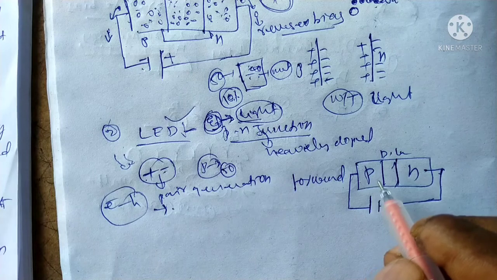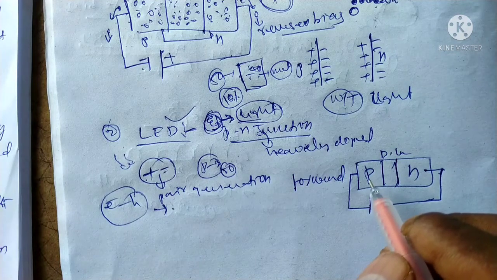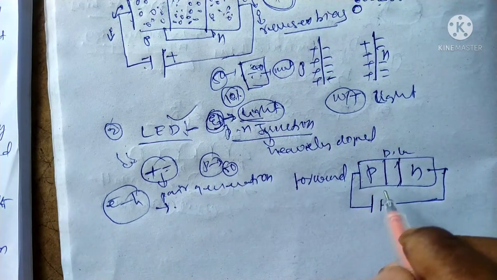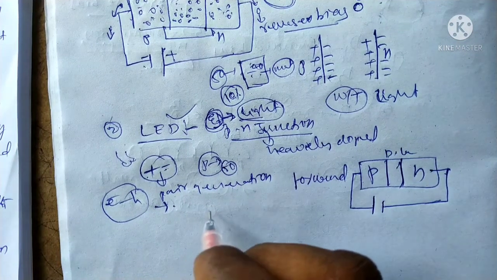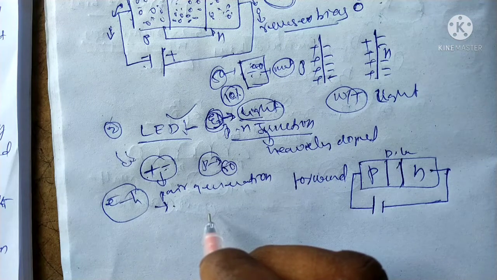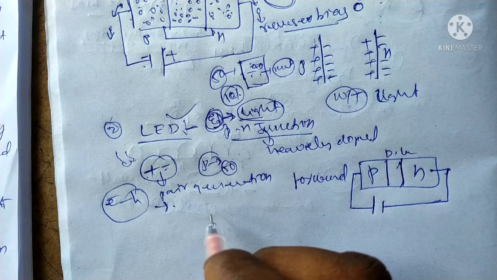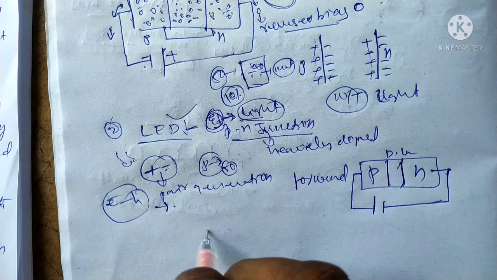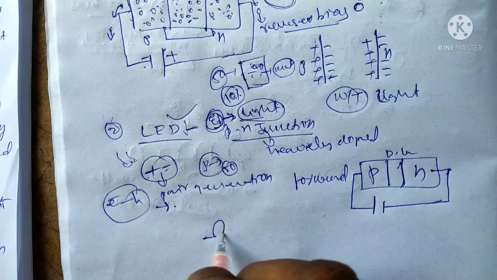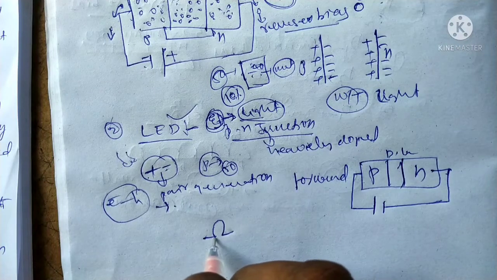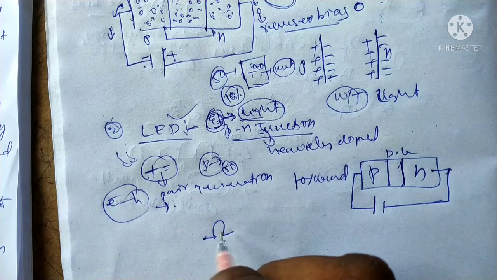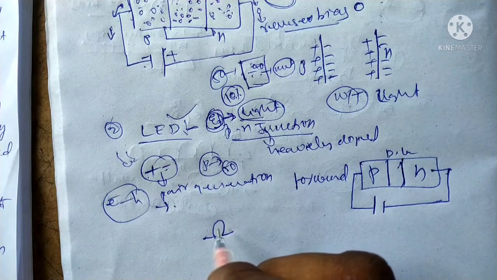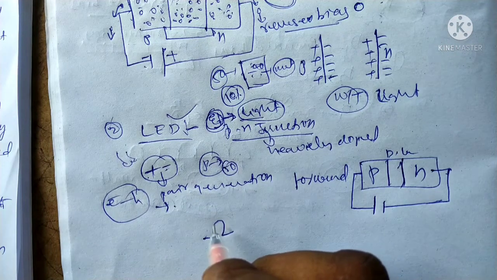This LED diode is encapsulated with a transparent cover so that the emitted light can come out. Suppose there is an LED like this in some remote or TV or anything.